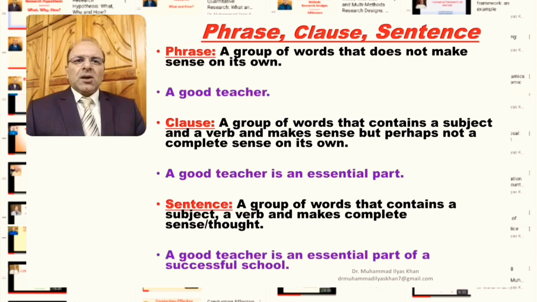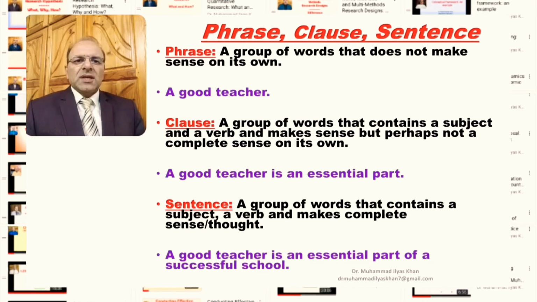Clause. A clause is a group of words that contains a subject and a verb and makes sense, but perhaps not complete sense on its own. So here is another group of words: a good teacher is an essential part.